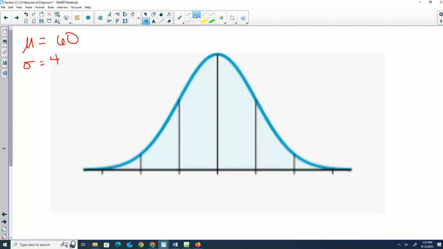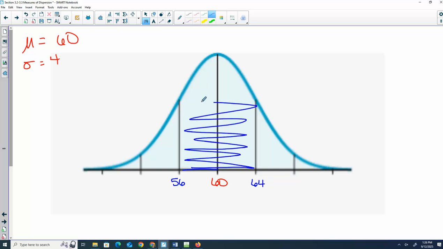So mean is the middle, right? If it's bell-shaped, this is 60. Within one standard deviation, so 4 below and 4 above, I'm saying if you list out your original points, 68% of those points would be some number between 56 and 64.